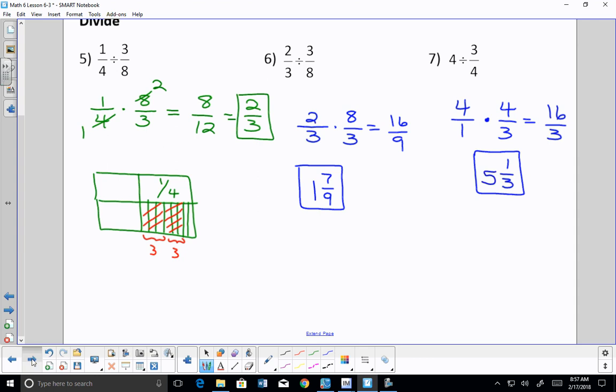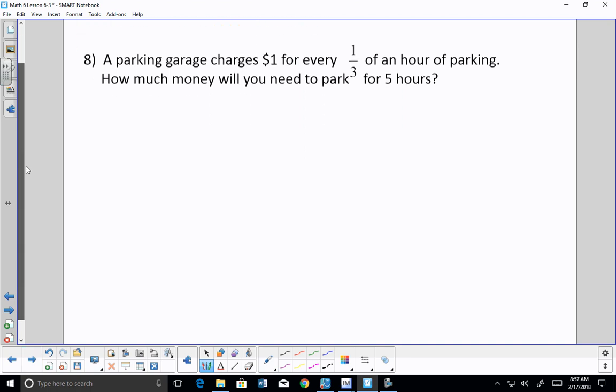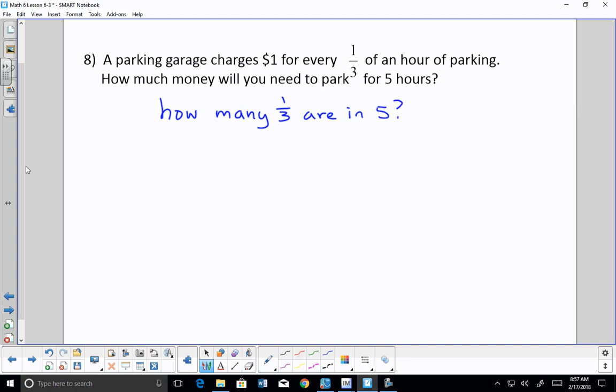Okay, some word problems. Here's where word problems get difficult because students don't know if they should start multiplying or dividing. Well, let's just think about it. It says a parking garage charges $1 for every 1/3 of an hour of parking. How much money will you need to park for 5 hours? So in other words, I need to know how many 1/3 are in 5. So that's division. I'm going to take 5 and divide it by 1/3.